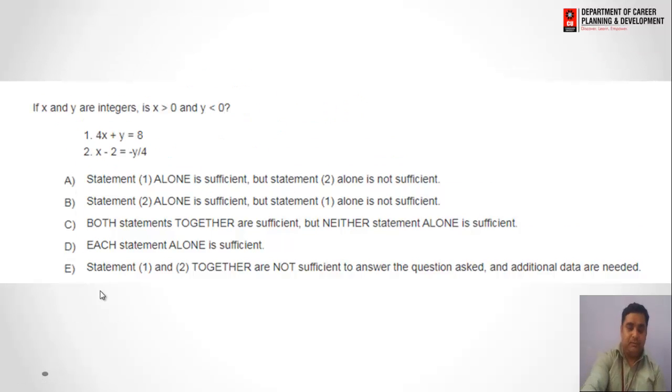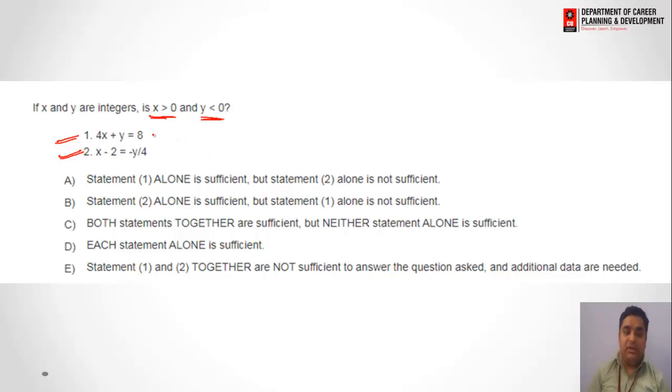Next question: x and y are integers, is x greater than 0 or y less than 0? We need to answer this question. We have 4x plus y is equal to 8, and x minus 2 is equal to minus y by 4.